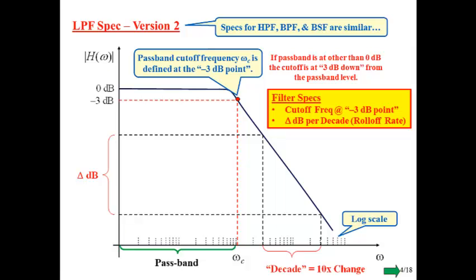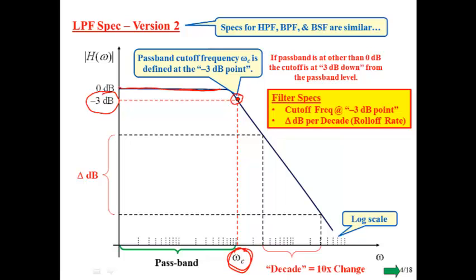A second format for speccing these things is to specify a cutoff frequency, and I'm showing these things here for the low pass version, but you can do the same thing for other types of filters. So the cutoff frequency is defined to be the point where, if our pass band is at 0 dB, we drop to minus 3 dB.